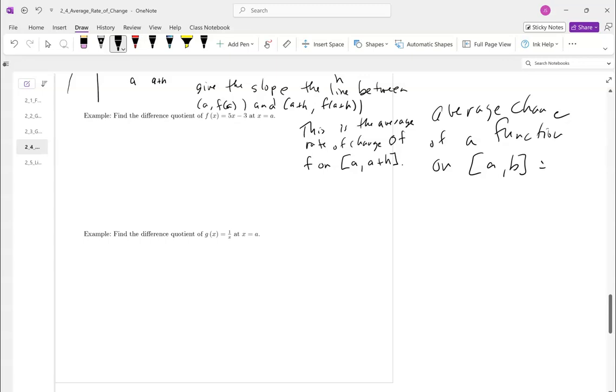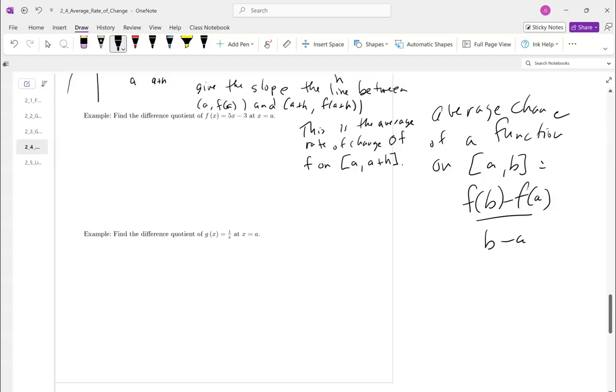What do we do to figure out the average change of a function on the interval from A to B? Good. Yep. You do f of b minus f of a over b minus a.